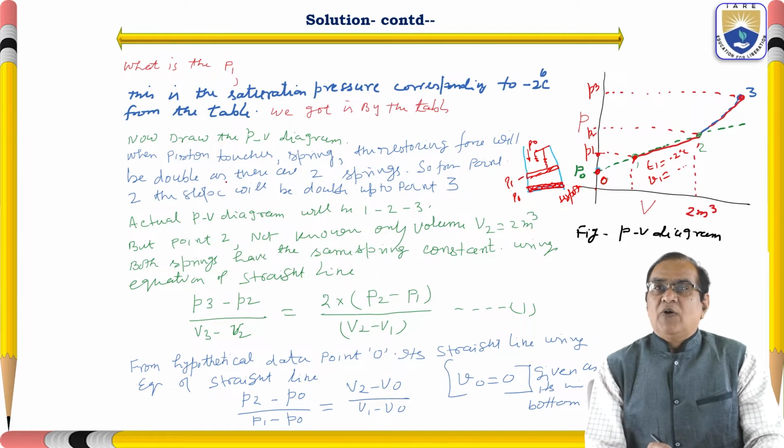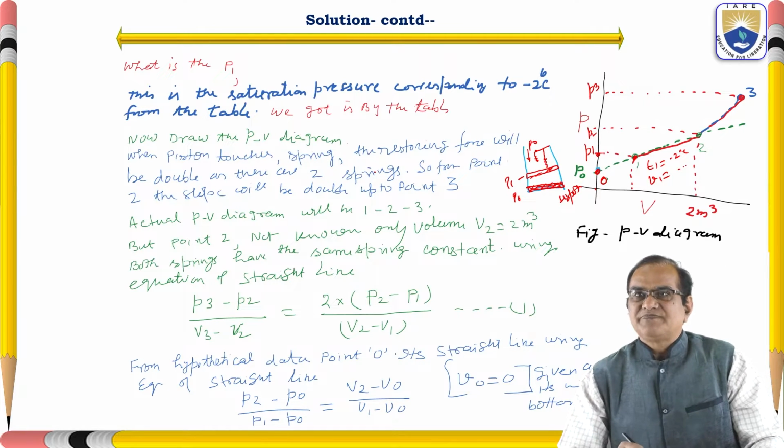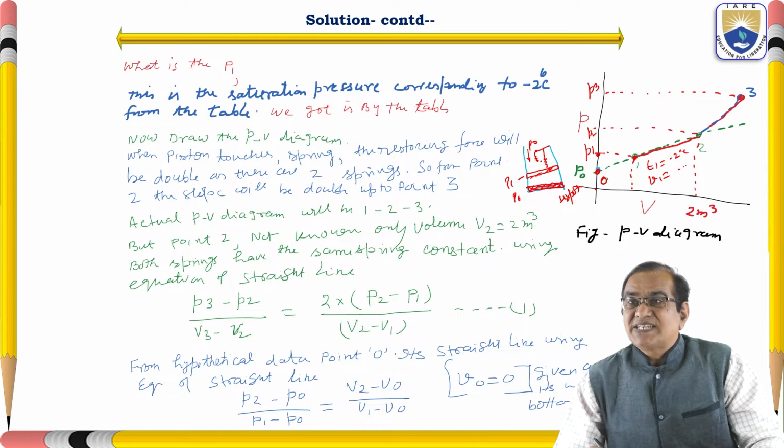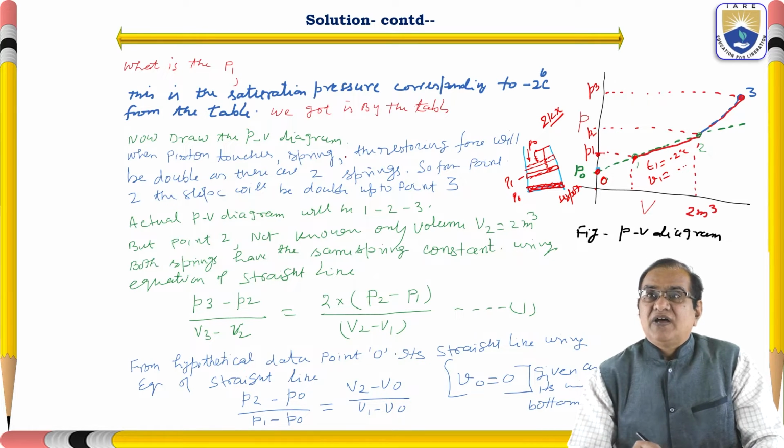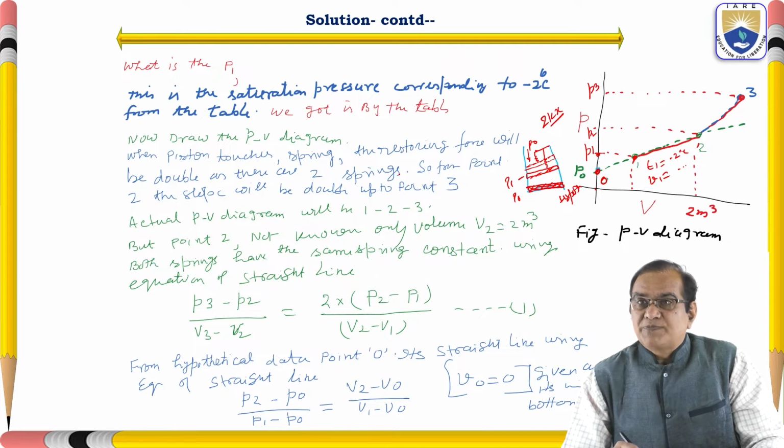When the piston touches the second spring, the restoring force will be double. So when both are touching, the force will be 2kx, not kx, because initially it was kx. The spring force will be double as there are 2 springs.